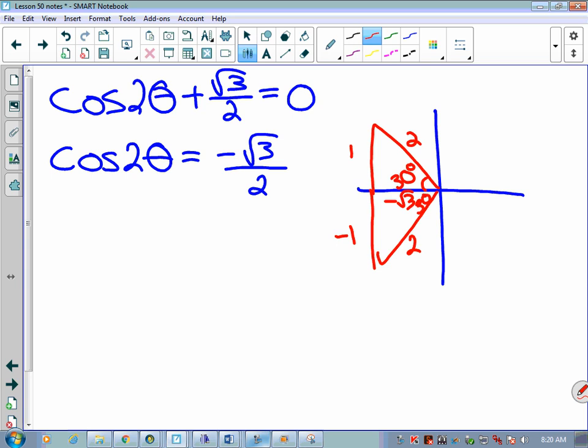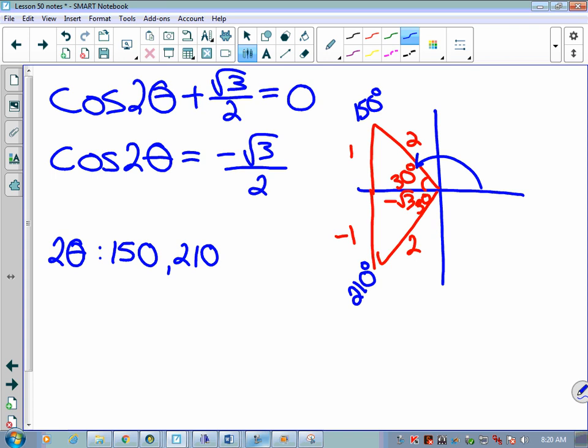As I'm looking at the actual locations where these occur, this one is at 150 degrees. This one is 30 degrees past 180, so it's at 210 degrees. So what we're saying is that 2 theta is at 150 and 210, to start with.